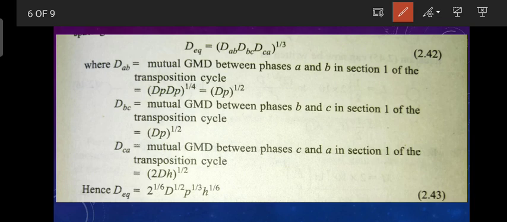So here, to find DAB, this is our mutual GMD between phase A and B in section 1, and that is equal to (D into D into P into P) to the power 1 by 4. How will that come?